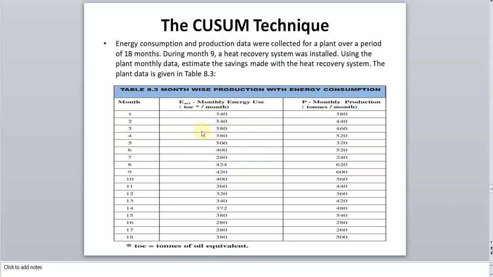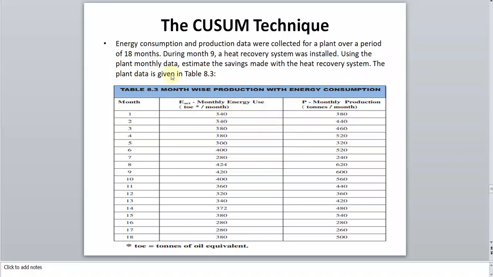This is a sample case of industry, in which we have taken the data of 18 months, from January, like 1.5 years of data. Data of monthly energy use and monthly production.